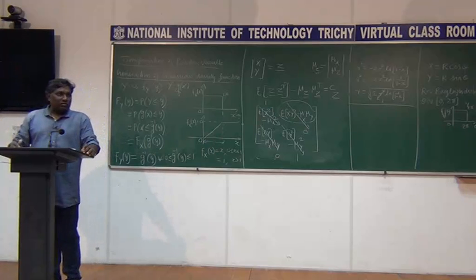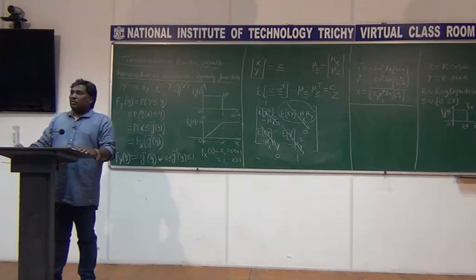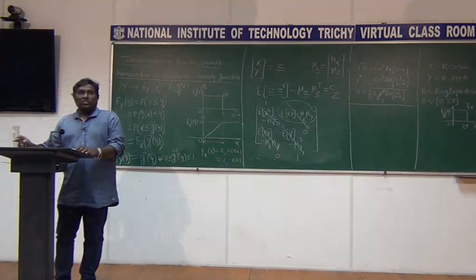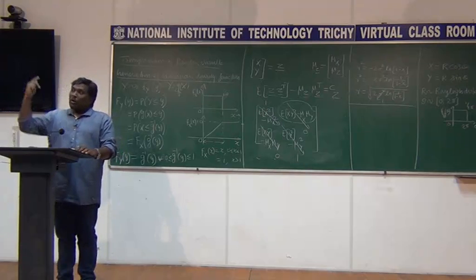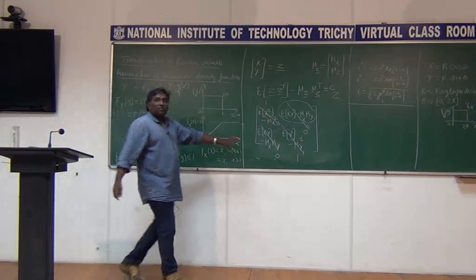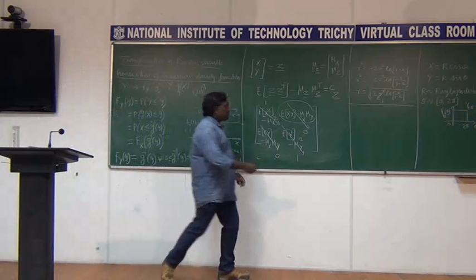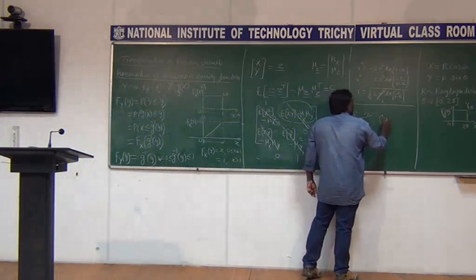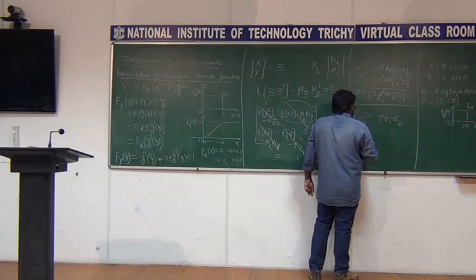Suppose I want to have another random variable, 2 random variables, again Gaussian, with some other mean and some arbitrary covariance matrix. Arbitrary means something like this. You will be given this value, like this.